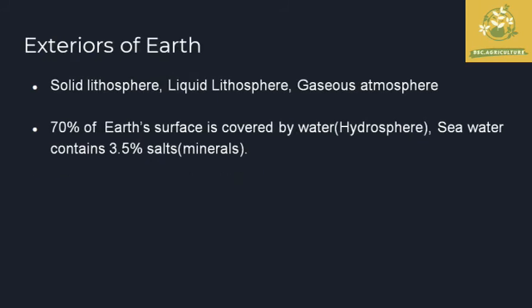And while seeing about the exteriors of the Earth, there are said to be 3 spheres present. The first one is solid, the second is liquid, and the third is gaseous. So these are the 3 surfaces.